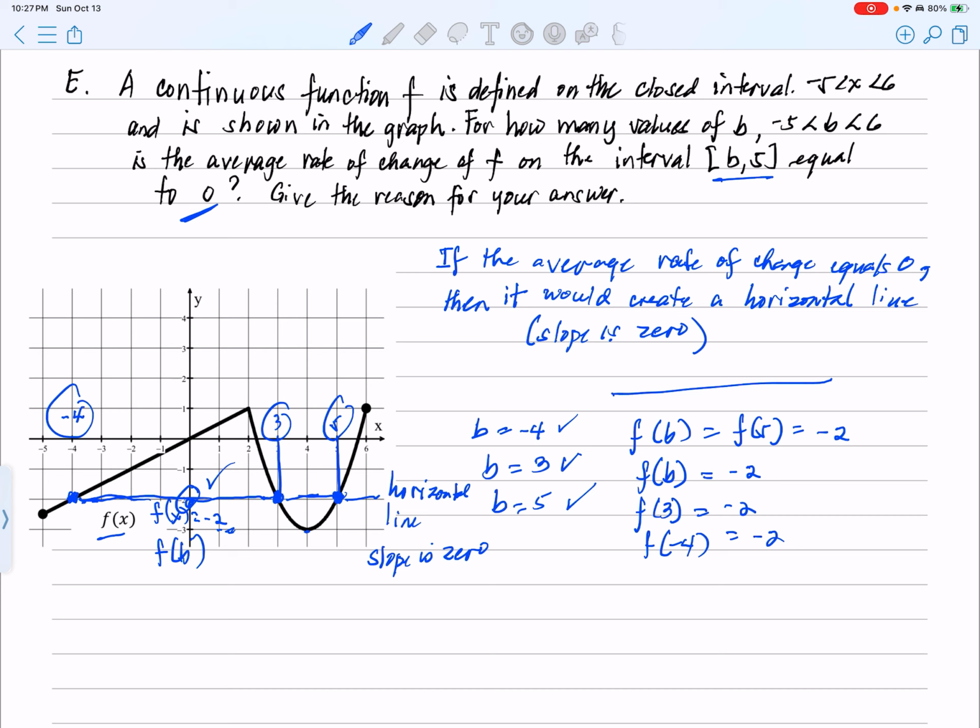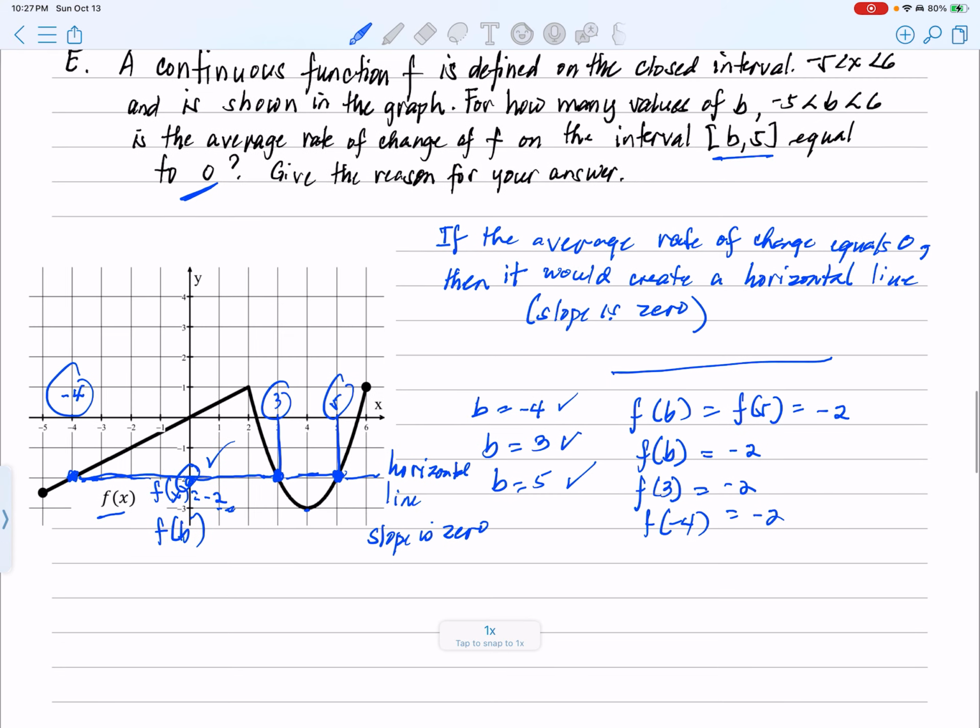Just look at the graph, and you can see right away which points intersect the curve, and then go straight to the y-axis, and you can find the f of b, whether b would be a or c, then go straight to the y-axis.